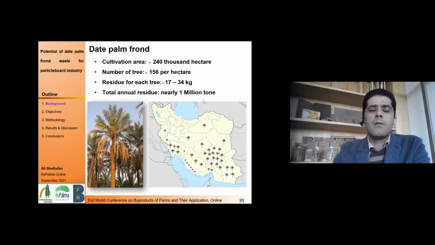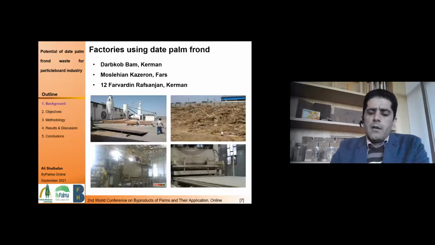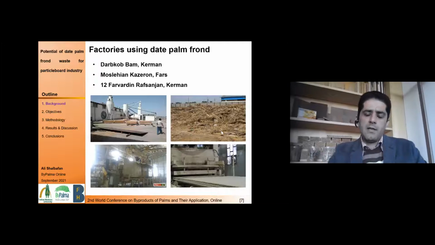Considering the number of trees and the residues from each tree, we can estimate that nearly 1 million tons of date palm frond is available annually in Iran, mostly in the south and southwest of Iran. Currently, there are 3 small-sized factories in Iran using these date palm frond particles, in places such as Rafsanjan, producing particle board out of date palm frond.